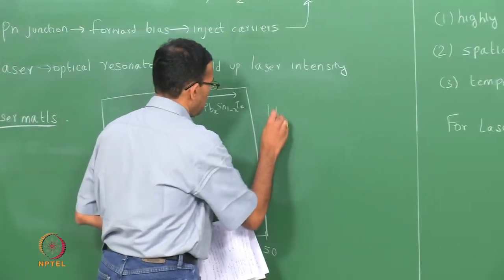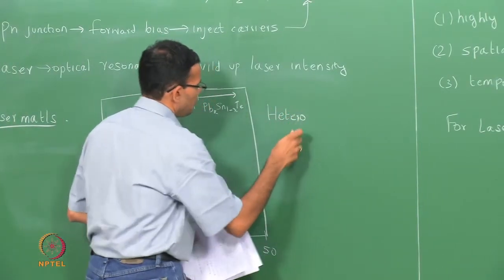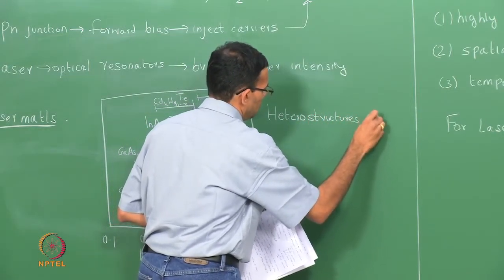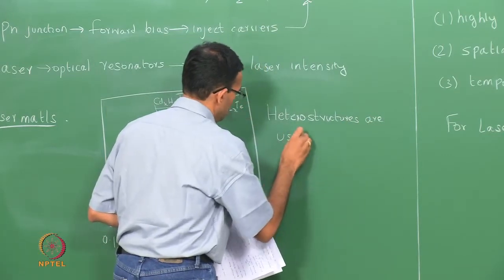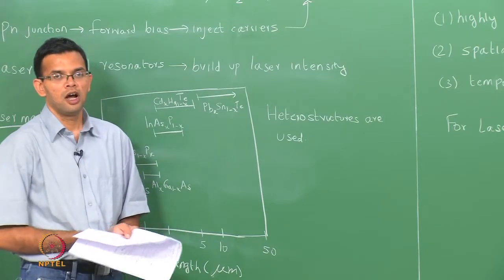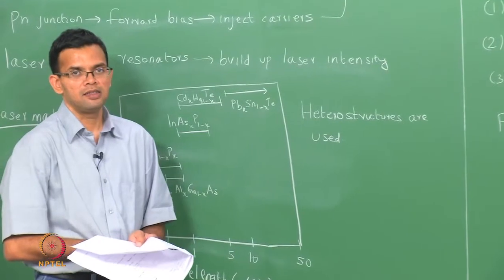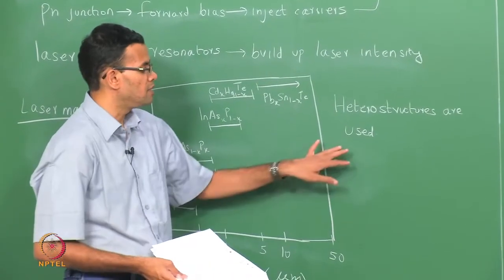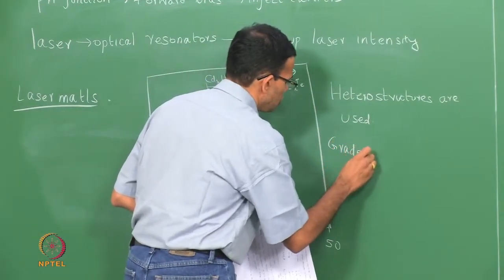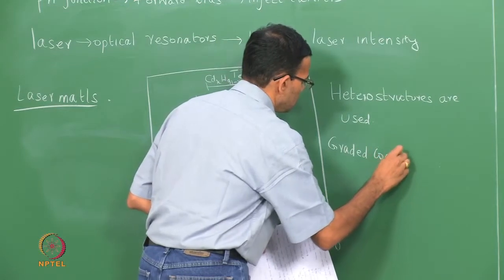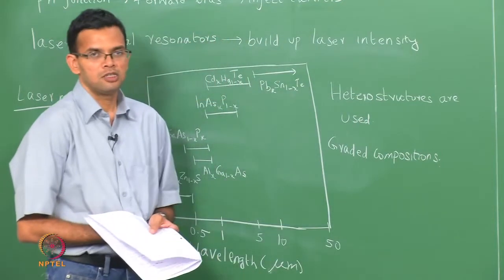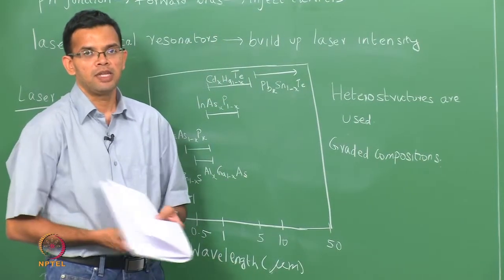Usually heterostructures are used. We saw earlier in the case of LEDs, heterostructure junctions are used in order to concentrate the carriers near the depletion region, and something similar is used here, and we also usually end up having graded compositions. Graded compositions are used so that you can have an epitaxial growth.